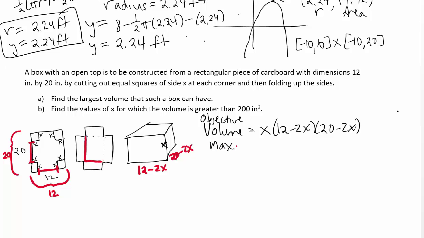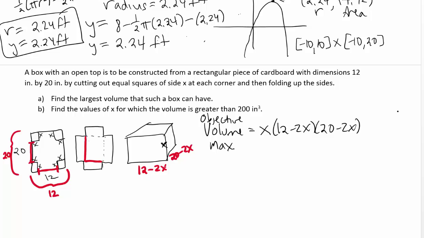You might ask, well, where's the constraint in this problem? And in fact, we really didn't have a separate constraint equation, but there was a constraint. The constraint was the fact that our dimensions of our original piece of paper were 12 by 20. And so instead of creating a new variable like a y, we just built into our length and our width of our box the fact that when we cut away those corners, we had to subtract it from the original dimensions.